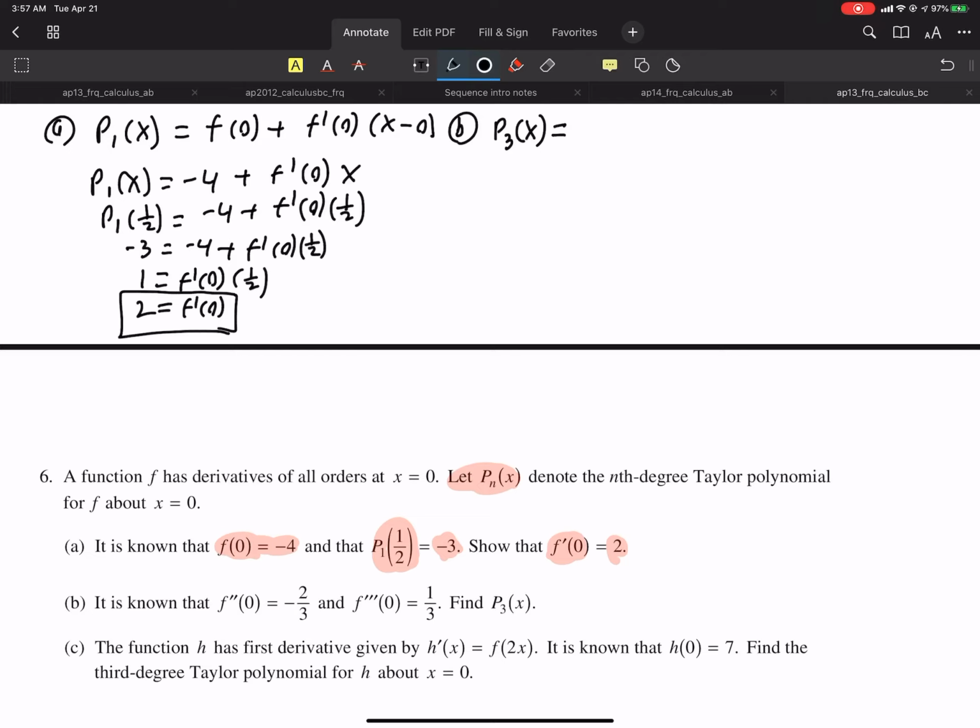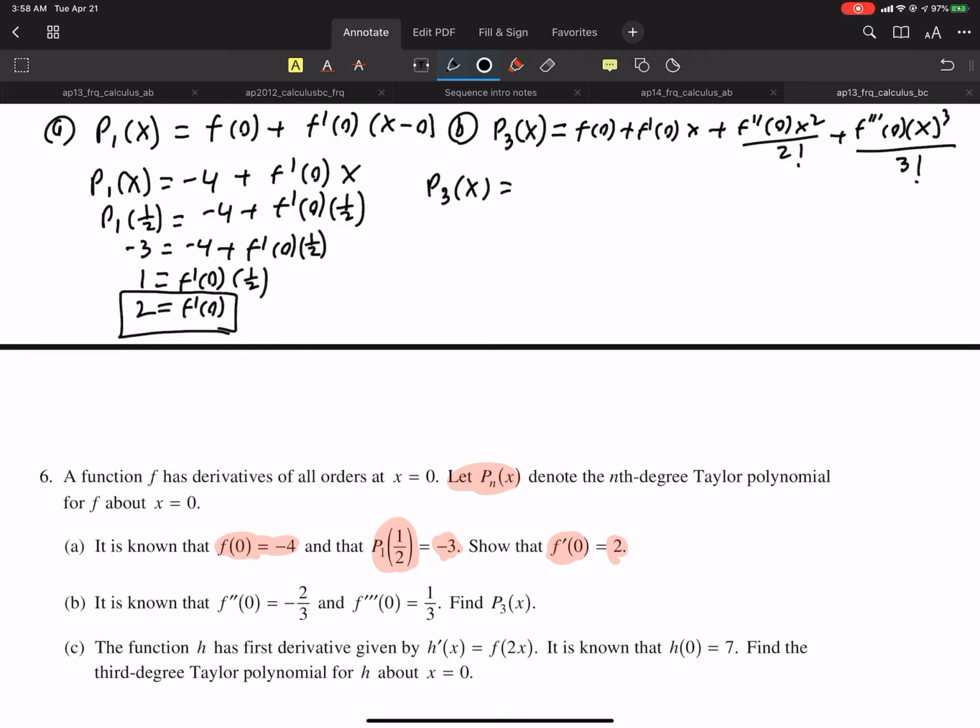So again, from scratch, we know that's going to be f of 0 plus f prime of 0, x. It's x minus 0. I'll just put x. Plus f double prime of 0, x squared over 2 factorial, plus f triple prime of 0, x cubed. So we just plug in our values and we are done.